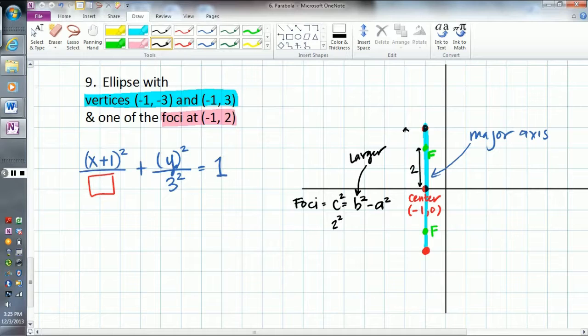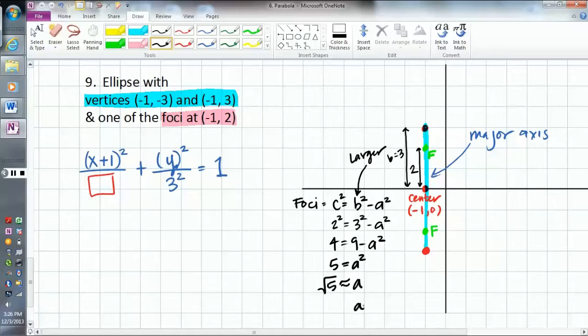The b value in this case is going to be 3, which is the distance from the center to the vertex. So this is going to be 3 squared minus a squared. That's going to be 4 equals 9 minus a squared. I end up with a squared equals 5. A is root 5, which is approximately 2.2.